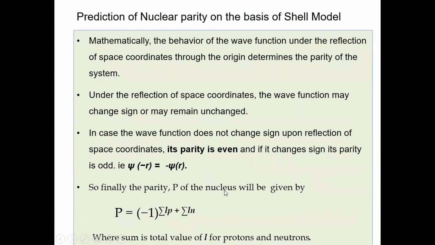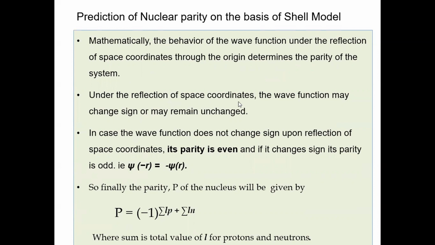Now, if we want to see how the shell model behaves according to the nuclear parity, mathematically speaking, parity is actually the behavior of the wave function under the reflection of space coordinates through the origin, which determines the parity of the system.